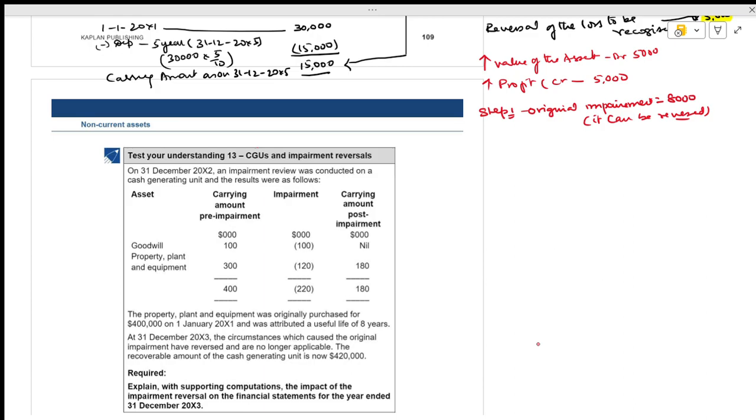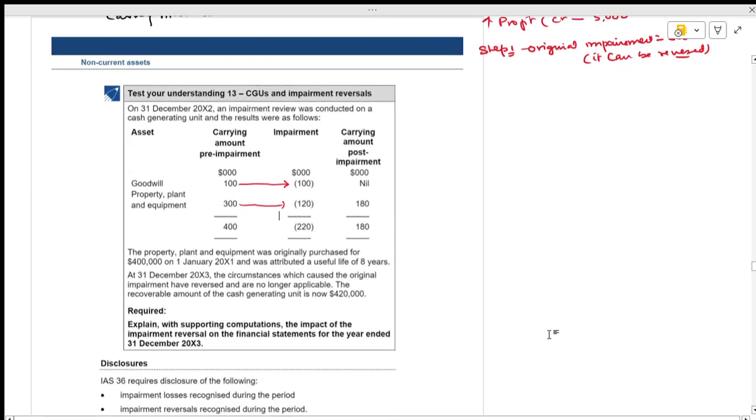See, the moment there is impairment, the first target will be goodwill. If there is an impairment loss, straight away we have to deal with goodwill. Property, plant, equipment is 300, impairment is 120, the balance amount is 400 minus 220.